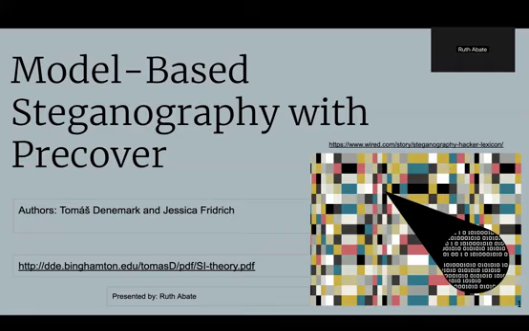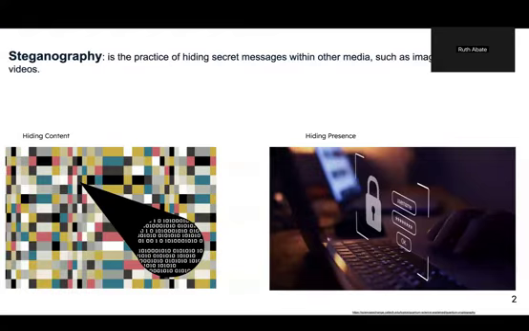This research builds on previous historic techniques by using a formal mathematical model based on multivariate Gaussian noise to optimize the embedding process. Let's dive in.